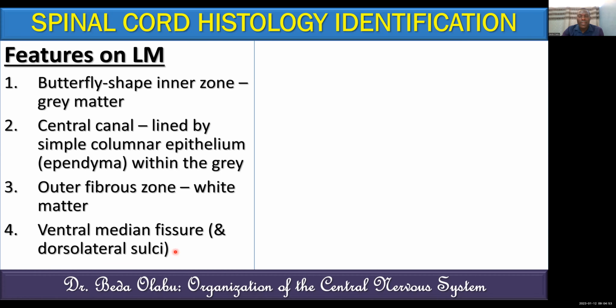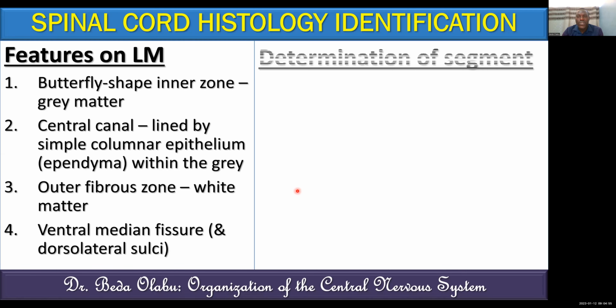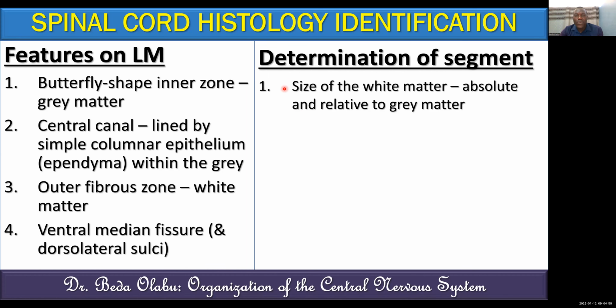With that in mind, what do we use to know a cord segment? You'll use the following. You'll use the relative size of the white matter. You'll also use the absolute size of the white matter.